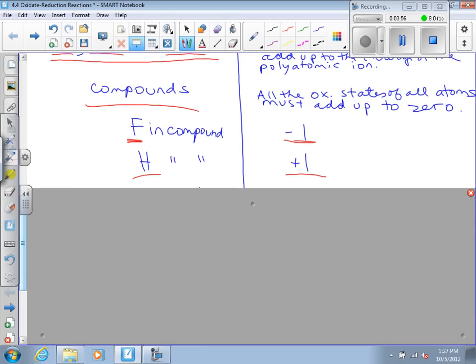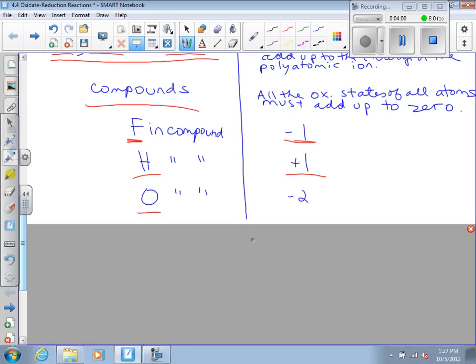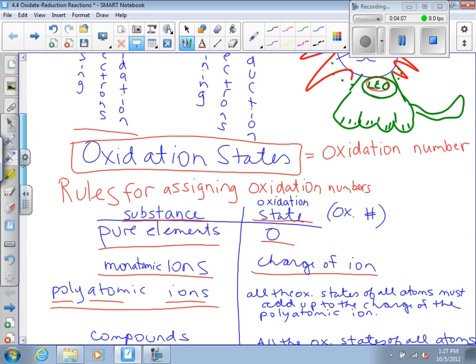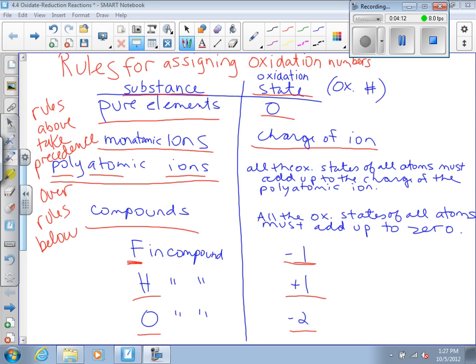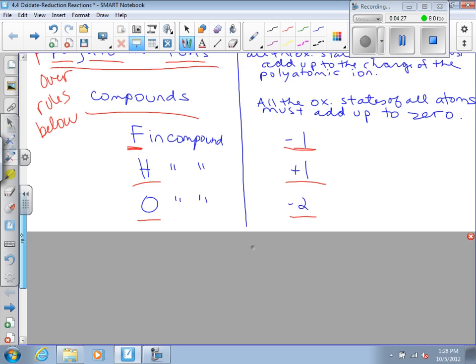Remember, pure elements have an oxidation state of 0, so these last 3 rules apply only when you're in a compound. For oxygen, the oxidation state is -2. Now, rules above take precedence over rules below them. That's very important. I just made a little note that the rules above take precedence over rules below. So if 2 rules contradict one another, you use the rule higher up in this chart. And you will see times where sometimes the rules do, in fact, contradict each other.